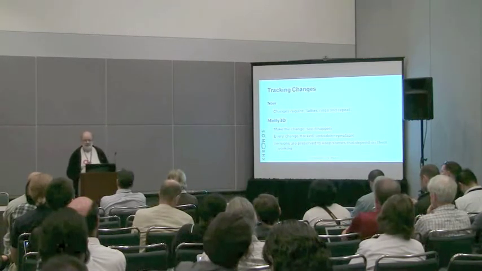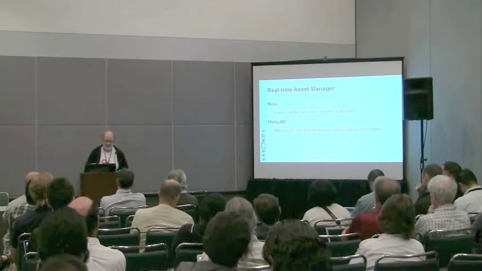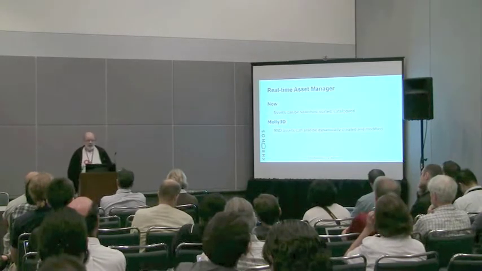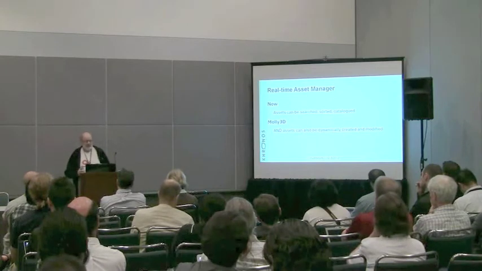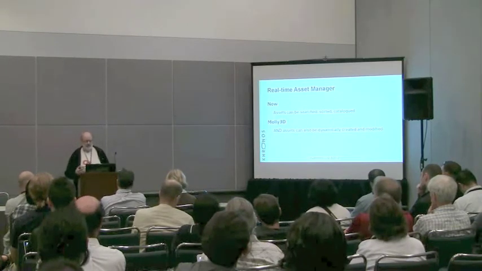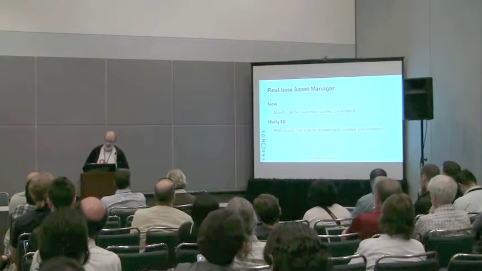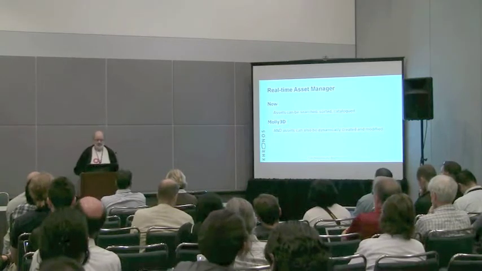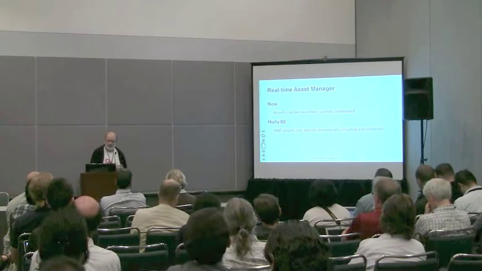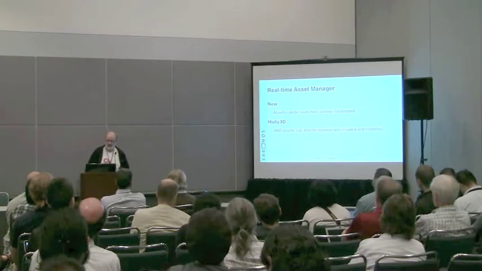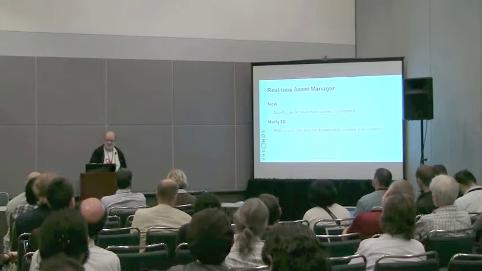That's an important original criterion that we have. Currently, asset management systems allow you to search, sort, and catalog things, and I've been involved in the development of asset management systems. In Molly 3D, the assets can also be dynamically created in Molly.